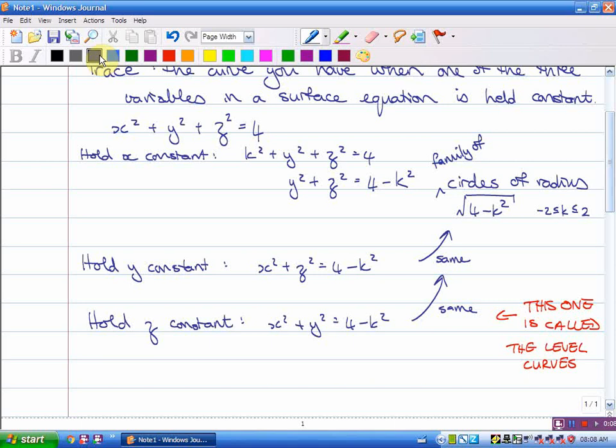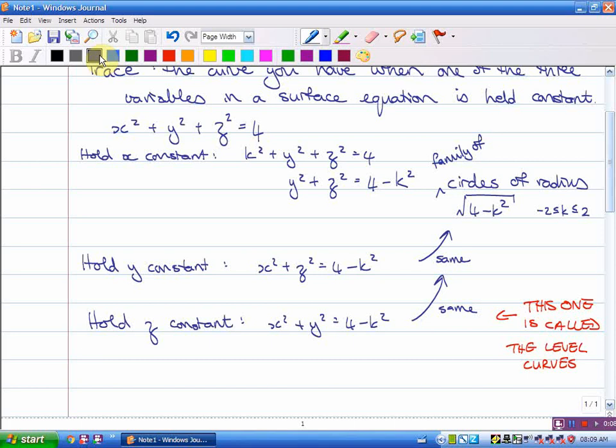Now, unless your surface is a really obscure surface, after a couple of weeks, or maybe after 1 week in this course, I'm going to expect you to recognize what your surface looks like simply by looking at its equation. When you look at a sphere equation, I don't want you thinking, gosh, what is this? Let me draw the level curves and figure it out. I want you looking at a sphere equation and going, oh, that's totally a sphere.